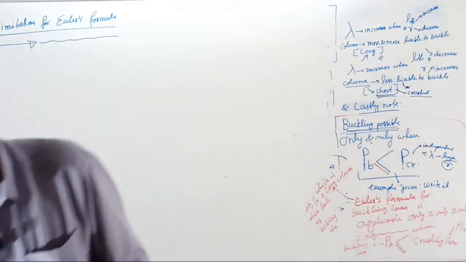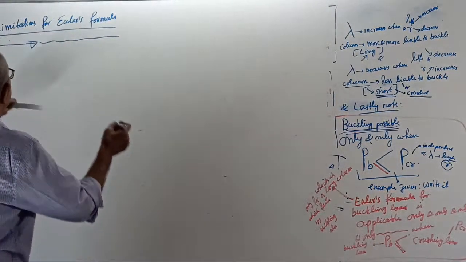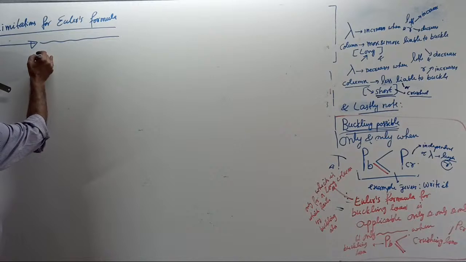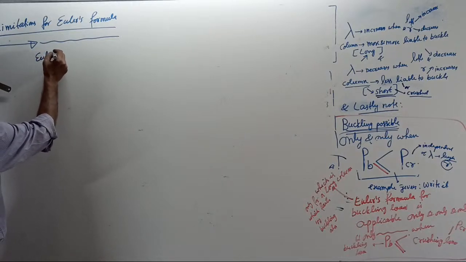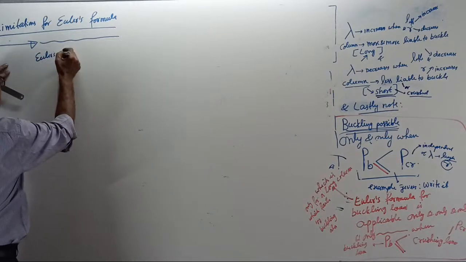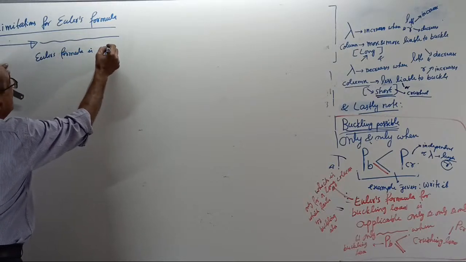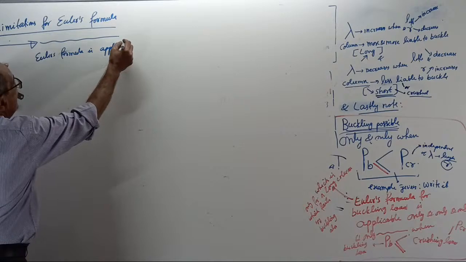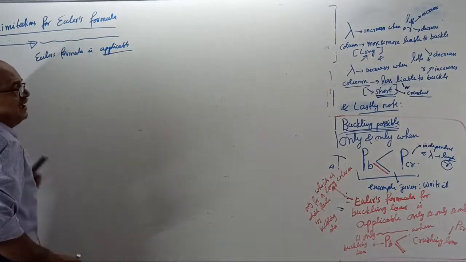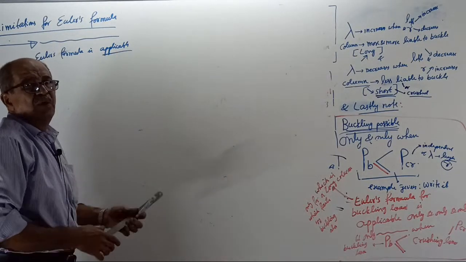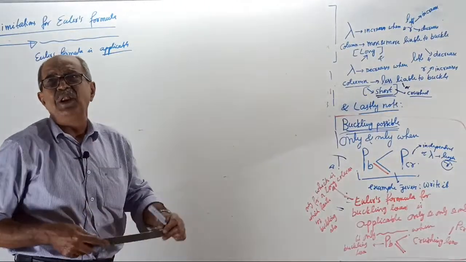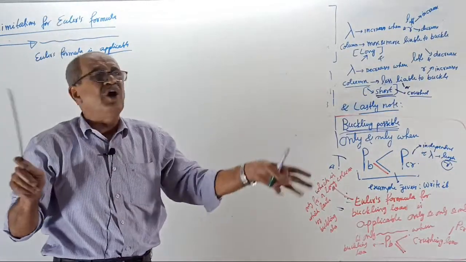Now, you write the statement: Euler's formula is applicable, first of all, only for long columns.